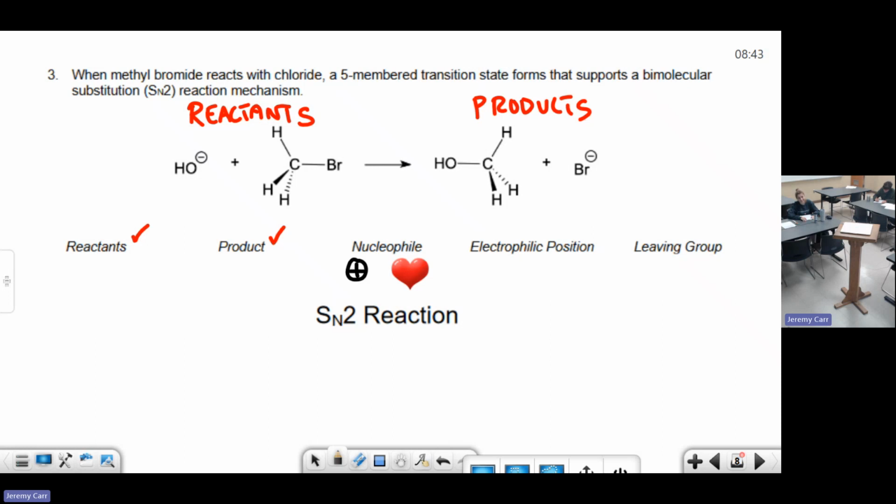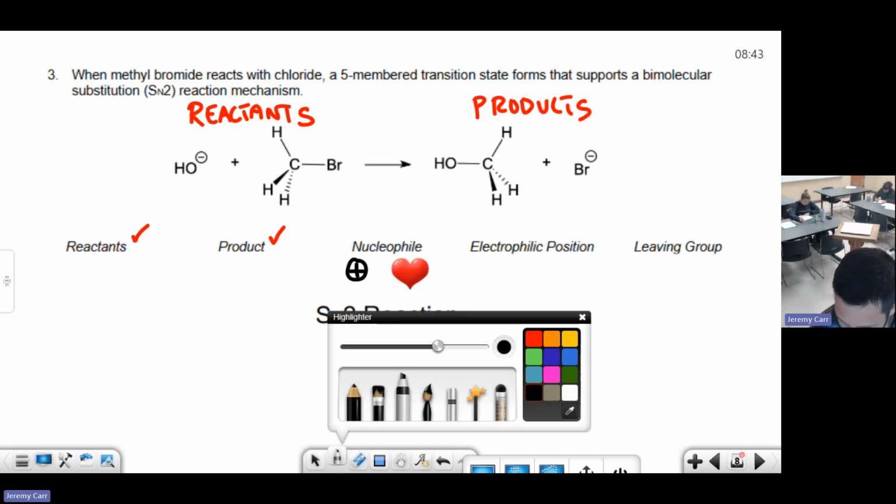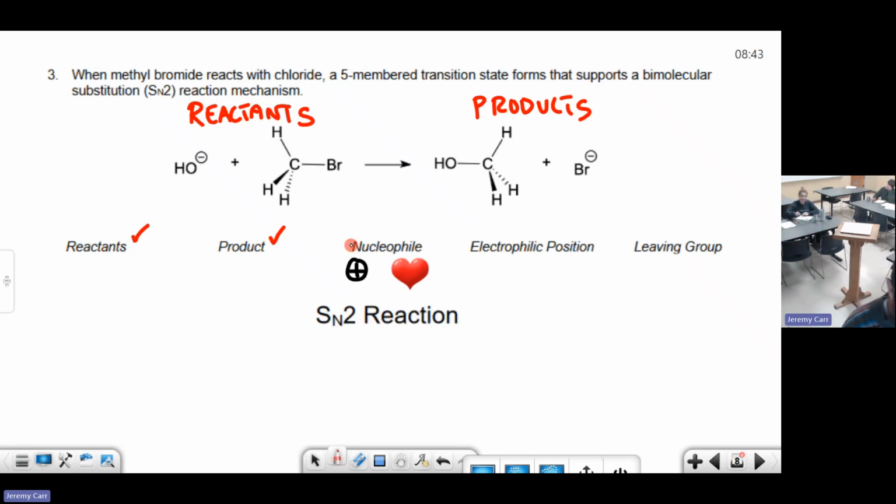The thing that's negatively charged. It's marked. You can't miss it. HO minus, the hydroxide is serving as our nucleophile, right? So it is electron rich. I'm going to go ahead and highlight that as being electron rich. Specifically, though, I'm going to highlight the oxygen because the oxygen's actually doing all the work in this case.